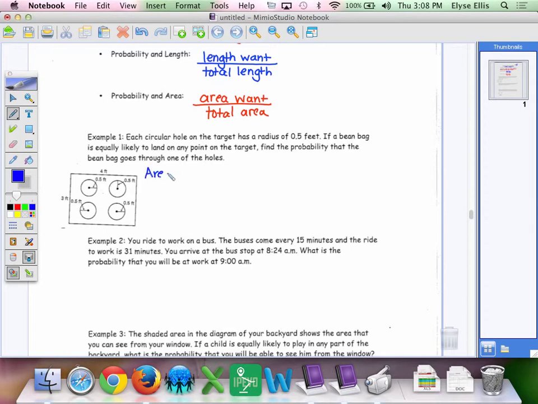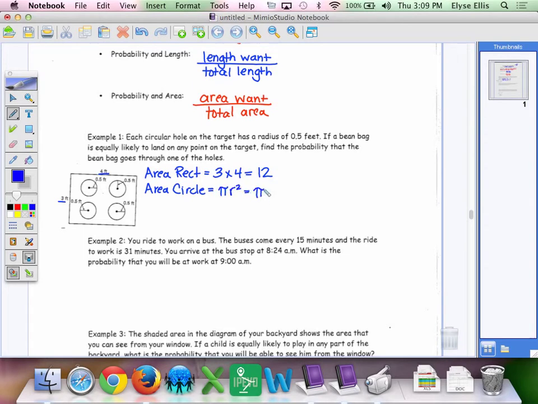So if I want the area of that rectangle, well, area is length times width. It is a 3 by 4 rectangle. 3 by 4 is a total area of 12. The circles in there. Okay, we're going to do area of the circles. Well, the area of a circle is pi times the radius squared.